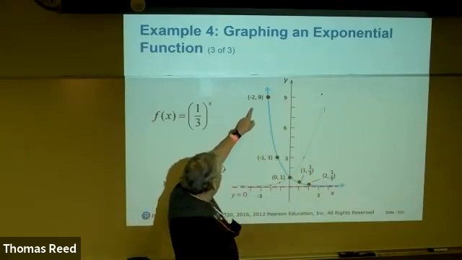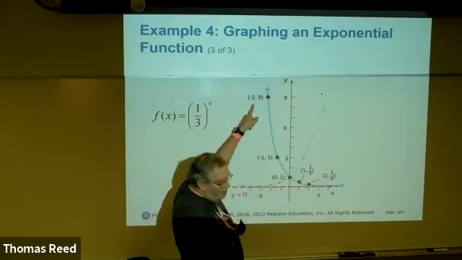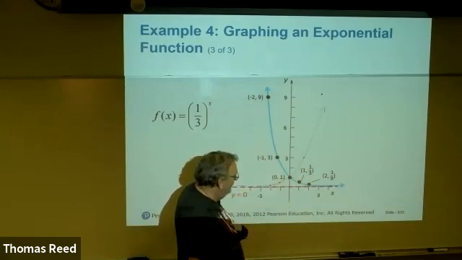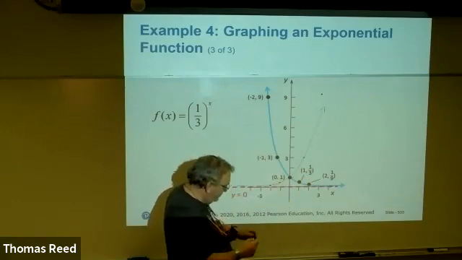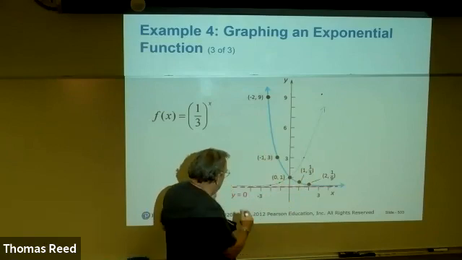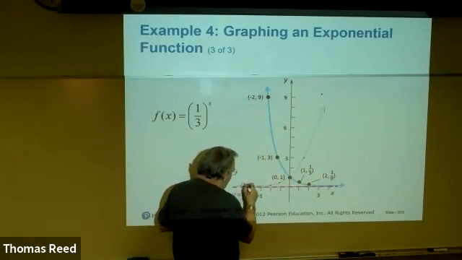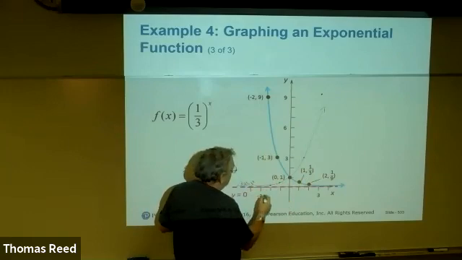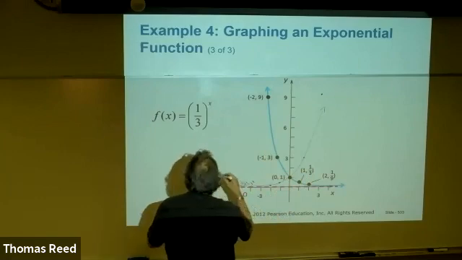Where I'm changing the sign on my axis. So this is f of x equals 3 to the x, where this one is this function.